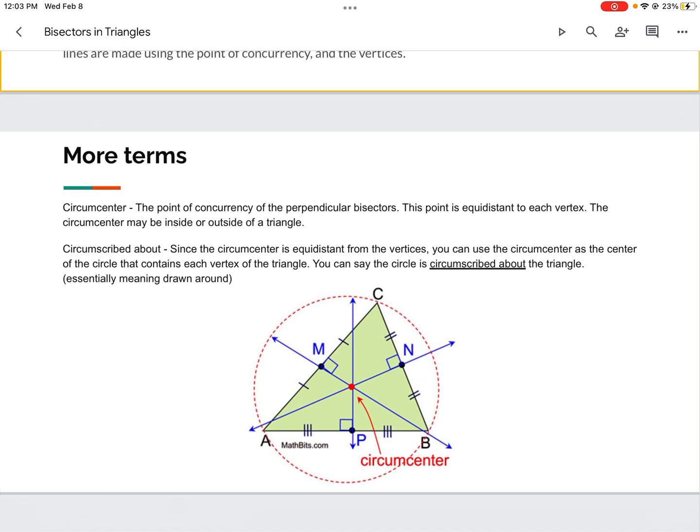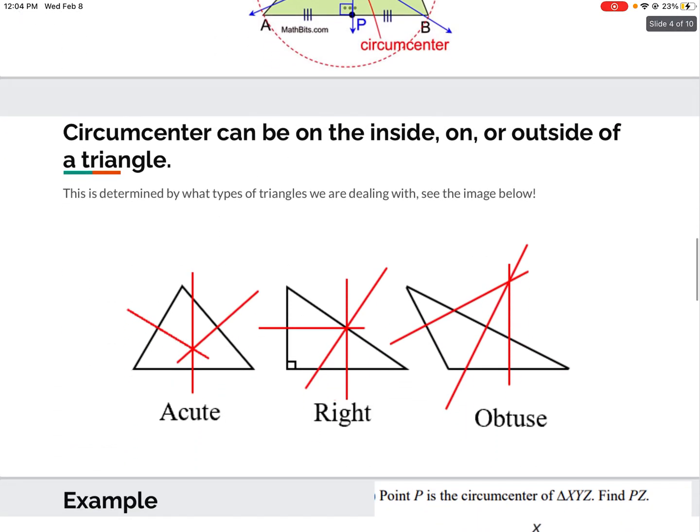That's how we say that phrase. Basically it means it's drawn around and touching all the vertices, and the circumcenter is the center of the circle. We'll get into more detail on this later in the year, but it's still good to know now.